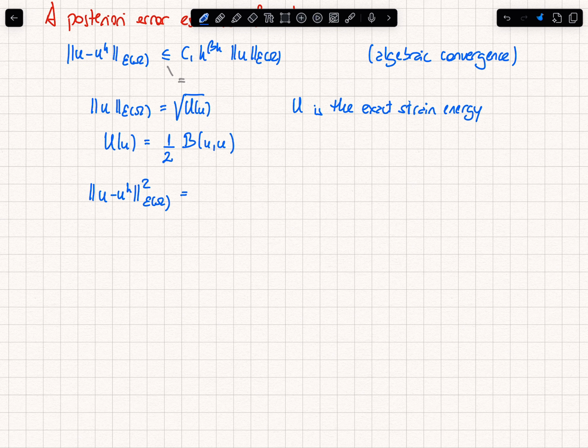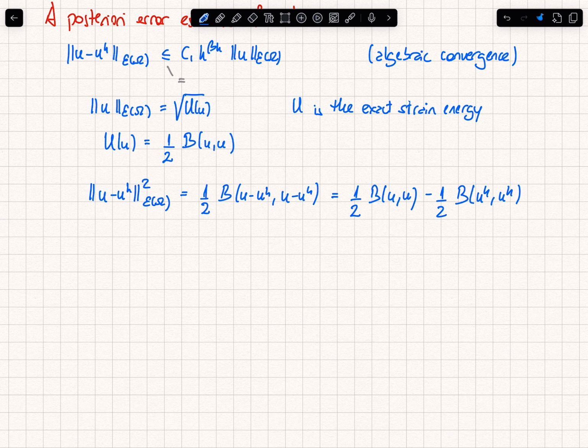Then this is, of course, 1/2 of B of U minus UH comma U minus UH. This is actually equal to 1/2 of B U comma U minus 1/2 of B UH comma UH.